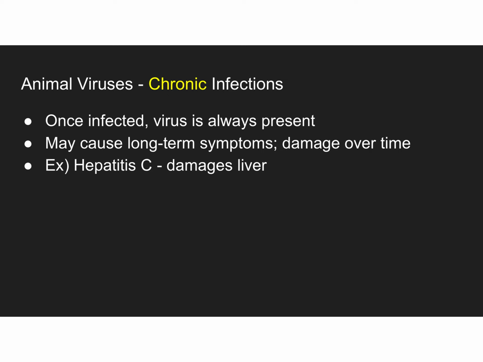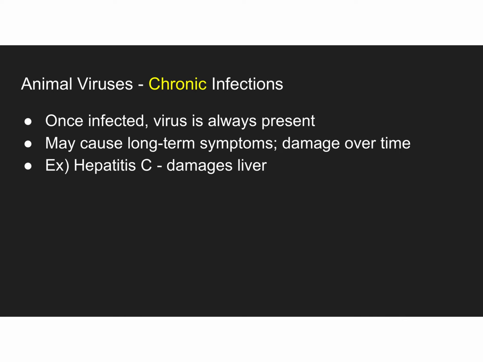Chronic infections differ from acute infections in that once an organism is infected, the virus is always going to be present. Now, the immune system can suppress the viral activity to try to keep it under control and in check, but the virus never actually goes away. It's still always going to be present in that organism. And over time, these chronic infections can cause damage that leads to bigger problems.